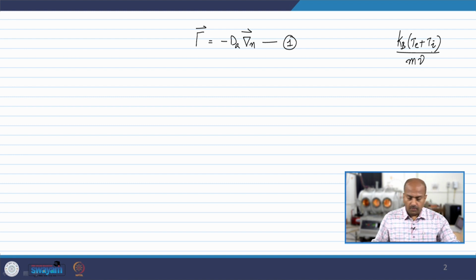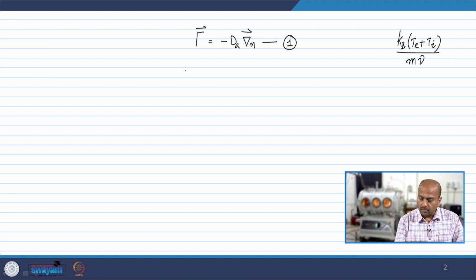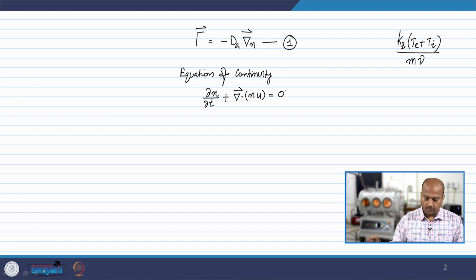Okay. So, let us try to bring in the equation of continuity for the plasma. This is the equation of continuity: dou n by dou t plus del dot n u is equal to 0.